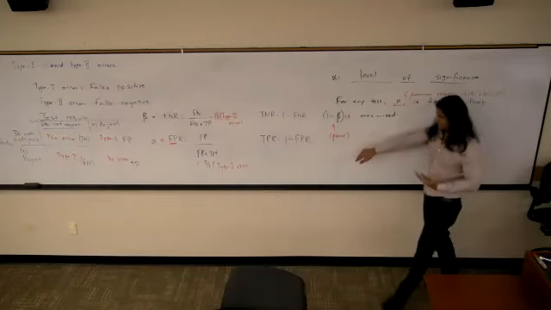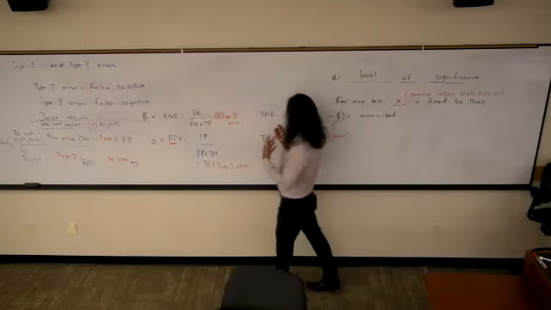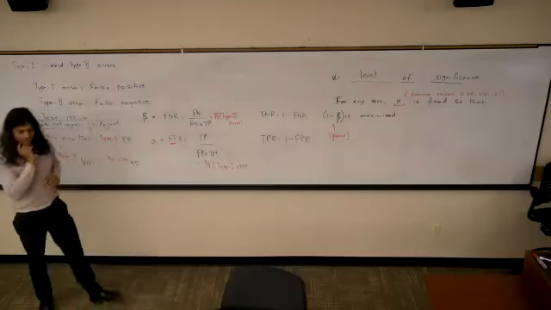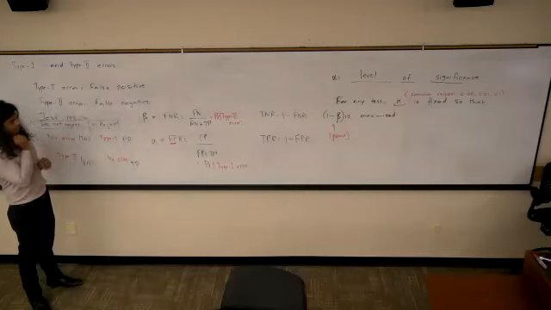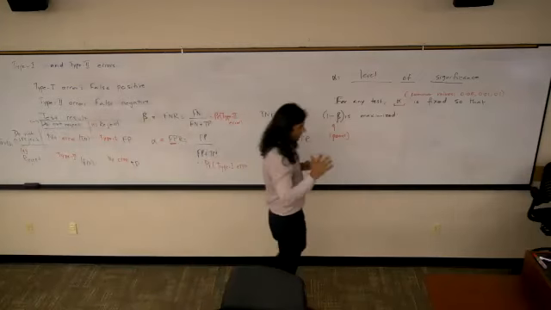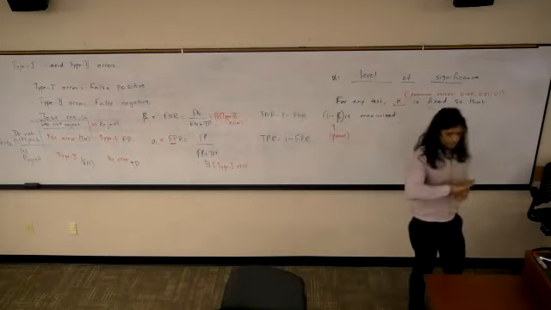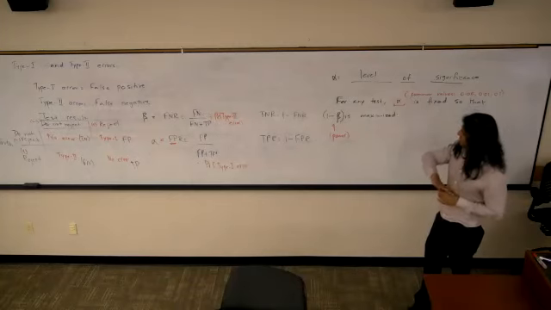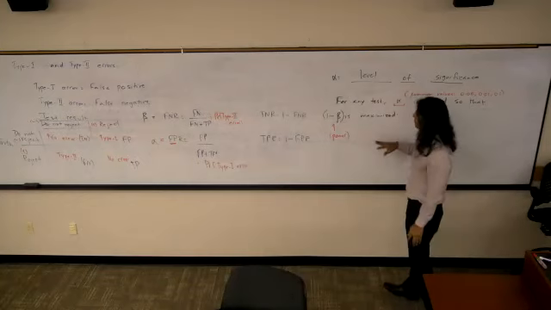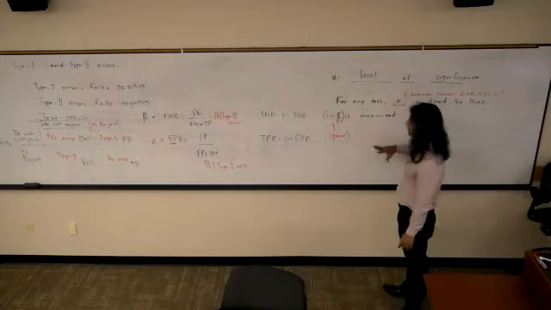1 minus beta is simply a true positive, right? So we want 1 minus beta, or the power, to be maximized in order for a test to be valid.